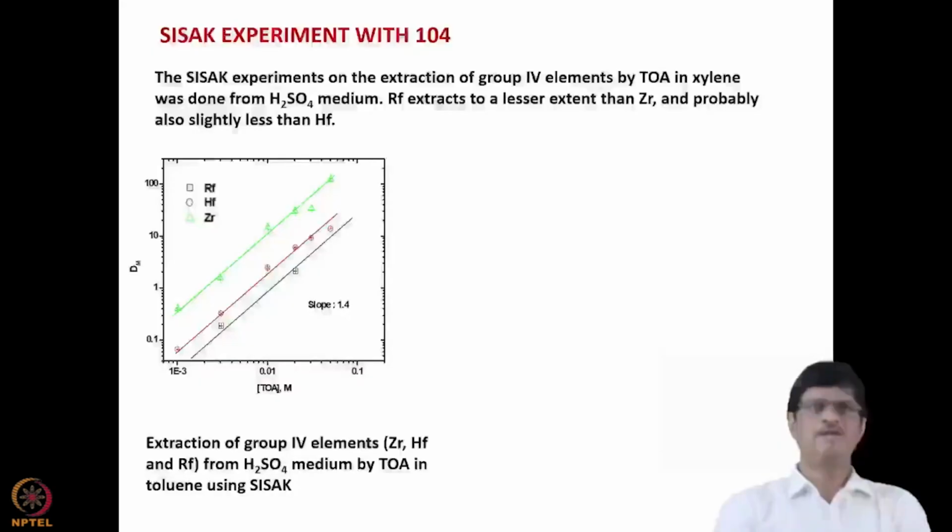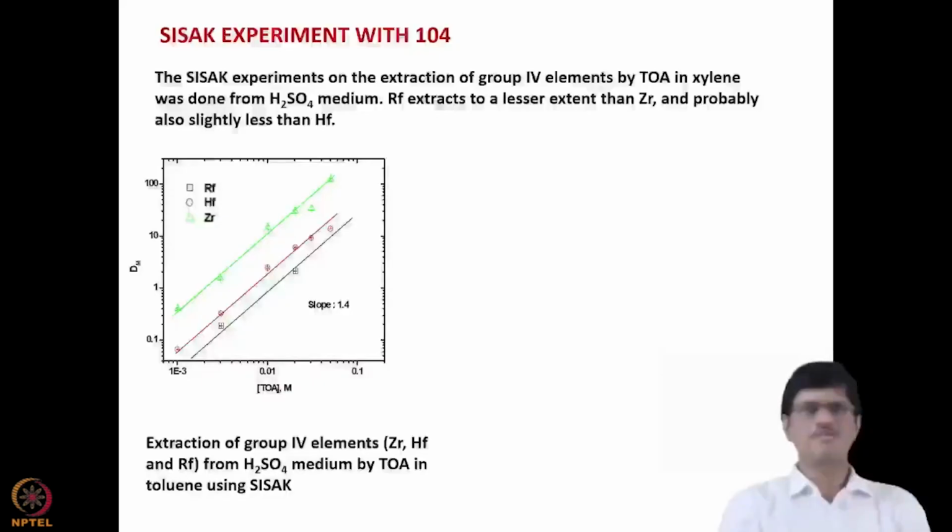You find straight line plots in these log-log plots, and the slope of these lines is around 1.4, which is more or less consistent for all three metal ions, suggesting that a mixed type of extracted species is formed. That is, the extracted species has either one or two amines. That is how you get a mixed species, with a slope value of around 1.4.